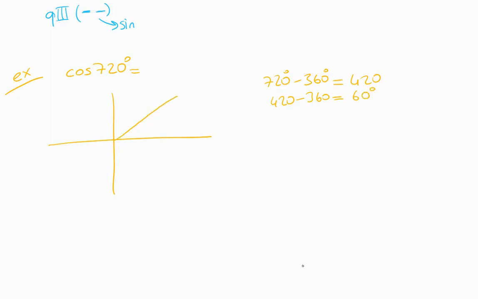So this is 60 degrees. Why? Because it started from here, it made one circle, and then another, and I came here, 60. We can say cosine 420 also equals cosine 60 degrees.